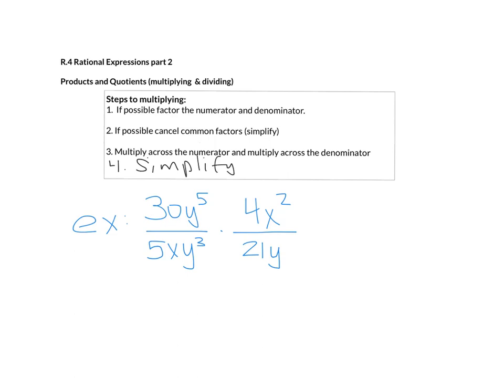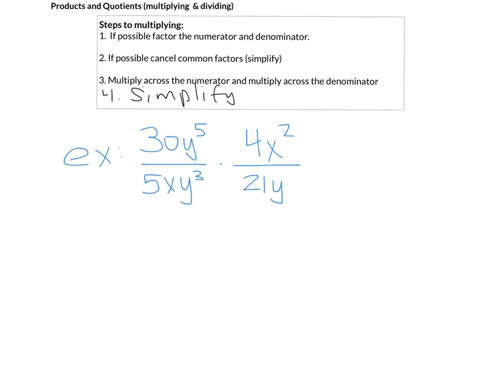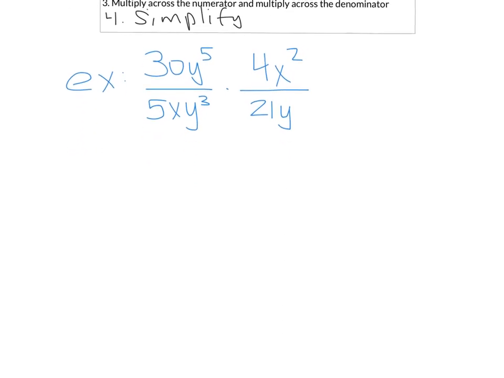So let's look at this example. Okay, there's nothing to factor in this one, but we are able to cancel some common factors. If we look at the 30 over 5, there's a factor of 5 that goes into both of those. So 5 into 30 gives us 6. 5 into 5 gives us 1.